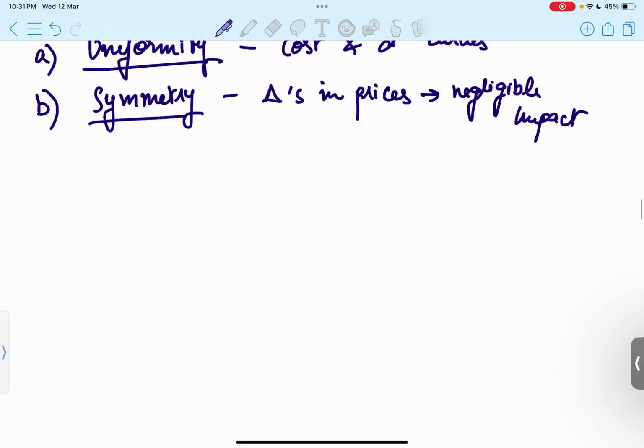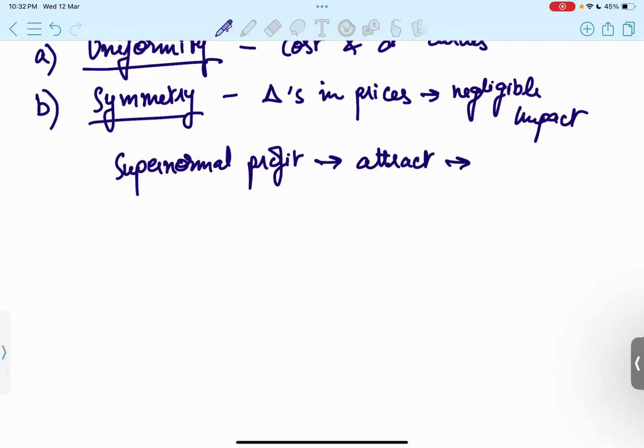With this, we move forward to the long run equilibrium, which is again a transition from short run to the long run. In the short run, if the firm is making supernormal profits, that's how the transition will work out. Supernormal profits will attract more firms into the group or the industry. Because it attracts more firms, it would lead to an increase in the supply overall in the market.